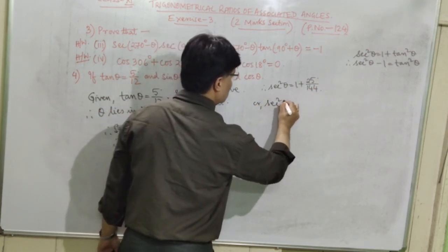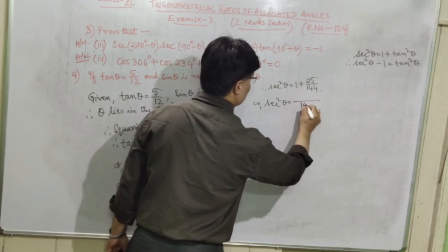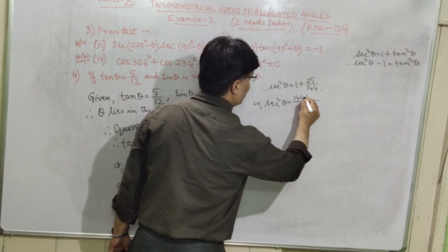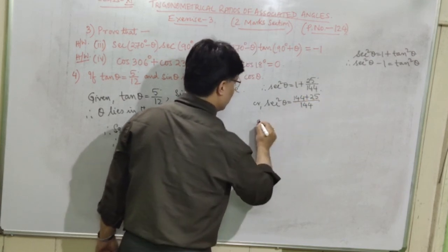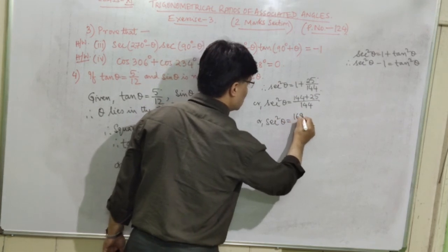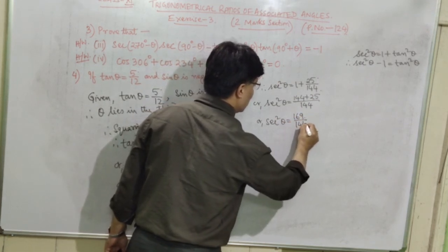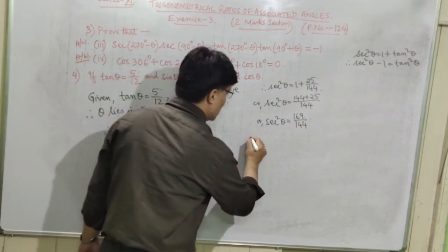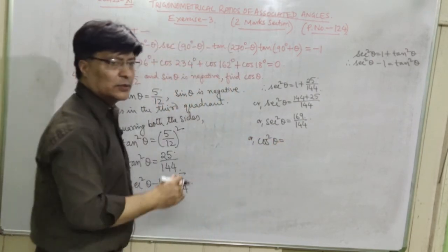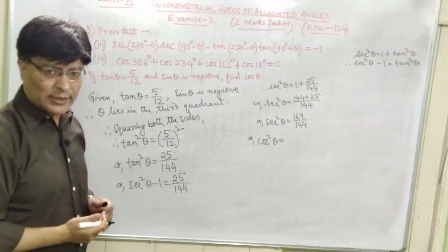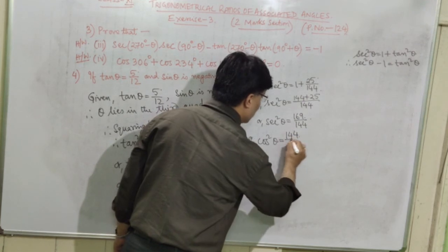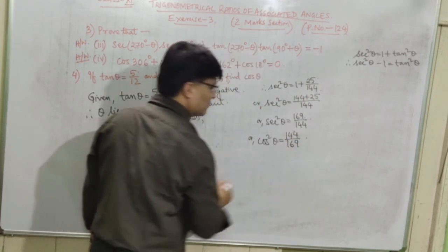Taking the LCM 144, sec square theta is equal to 144 plus 25, or sec square theta is equal to 169 divided by 144. Now what is the value for cos square theta? It is just the reverse of sec square theta, isn't it? So cos square theta is 144 divided by 169.